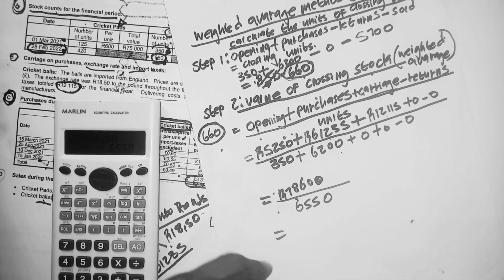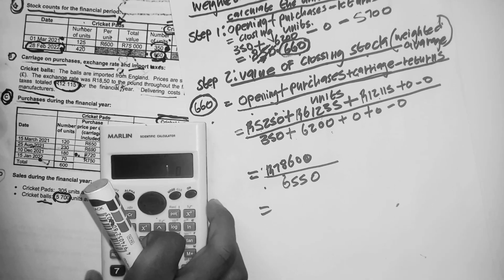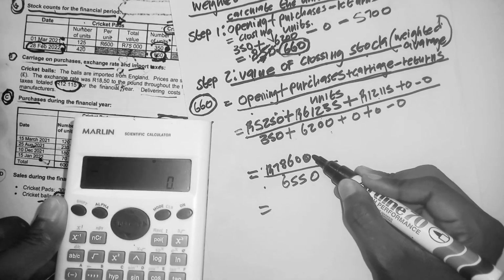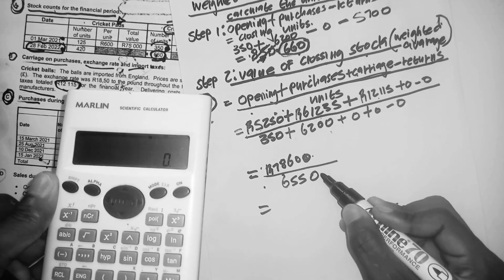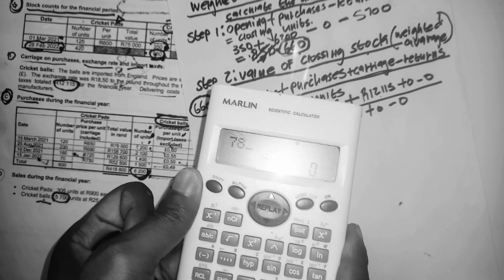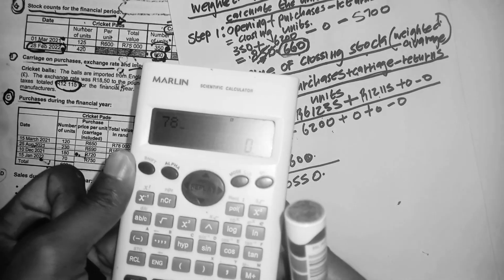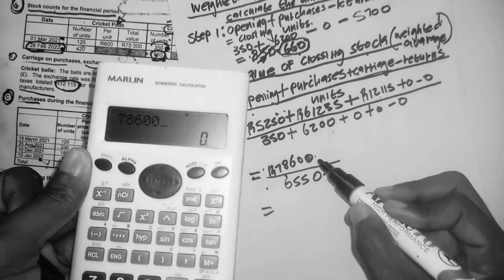You write down 6,550. You continue with your calculation for step 2 of weighted average. So the first amount is 78,600, sorry, it's 78,600.